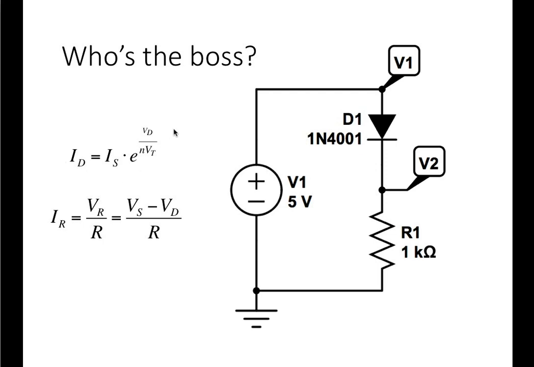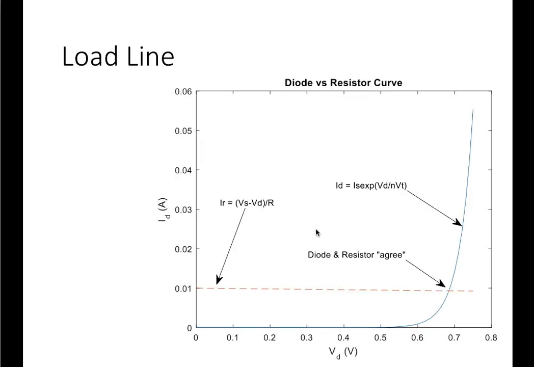So we know a forward biased diode has this relationship between VD and ID. And we know for a resistor, you've got the Ohm's law relationship between VD and ID. So where will this circuit actually operate when you turn it on? Well, it operates when those two agree.